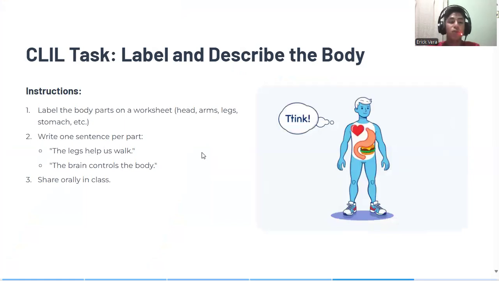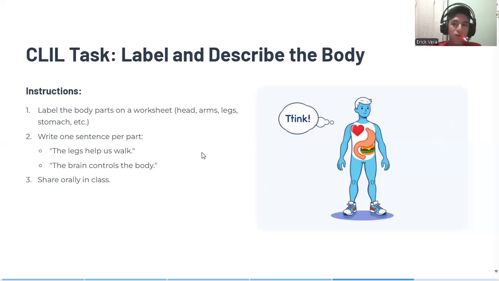That is based on the CLIL approach, content and language integrated learning. This activity is to label and describe the body parts. The instruction is to label the body parts on a worksheet or on the board with the participation of the students, using vocabulary like head, arm, leg, stomach, knees, eyes, hands, fingers, the whole body.